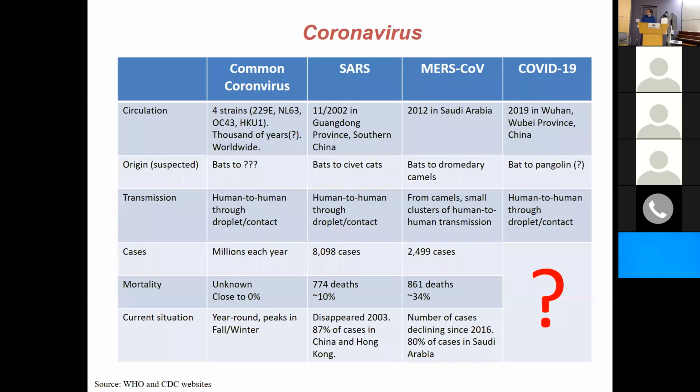MERS-CoV occurred in 2012. Bats, again, the source, dromedary camels as the intermediate host.